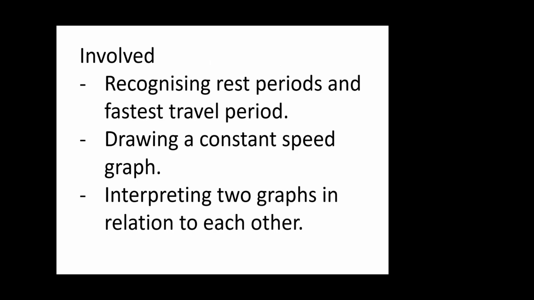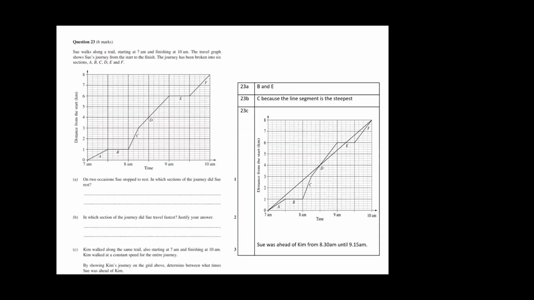They needed to be able to draw a constant speed graph, and they needed to make some interpretations between what was being shown from the graph they had to draw and the given graph. The left-hand side there is the question, the right hand with some solutions. Pretty basic, we would probably think.